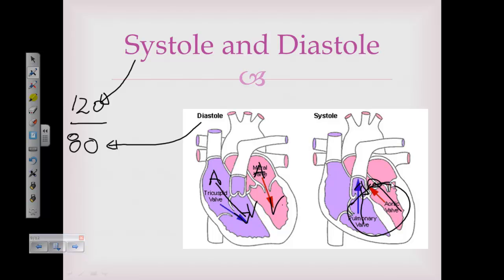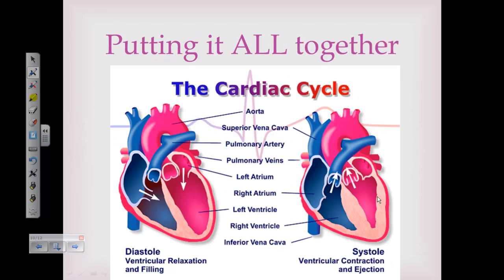The ventricles, especially the left ventricle, is the largest, most muscular portion of the heart. It is what pushes blood throughout our body, so therefore it has to be a big, strong contraction.